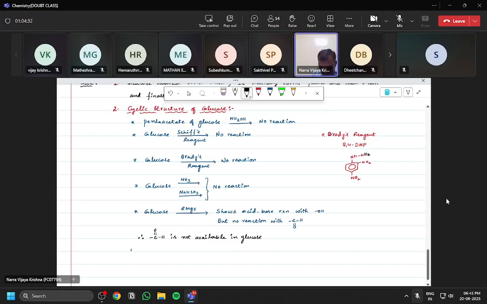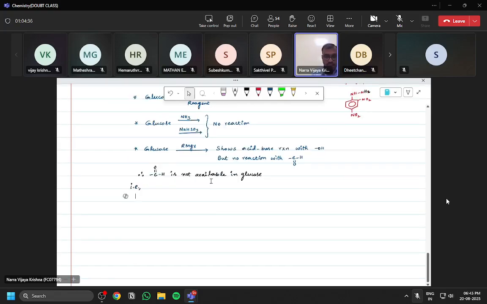Therefore, the aldehyde group is not present or not free in glucose. To explain this, a scientist named Haworth gave one more structure. We call it the Haworth projection. Therefore, a Haworth projection with a hemiacetal group is predicted for glucose.